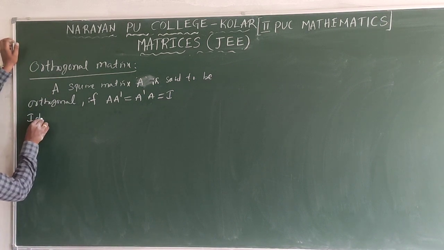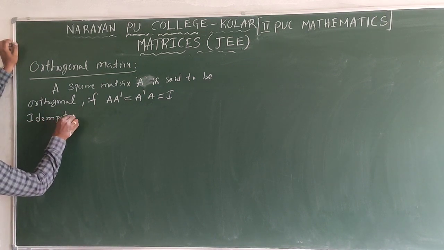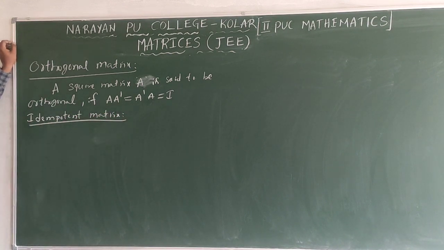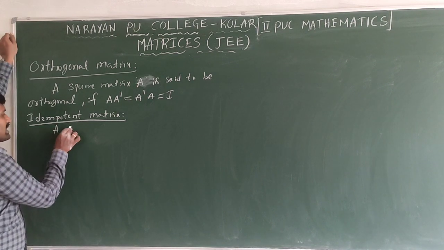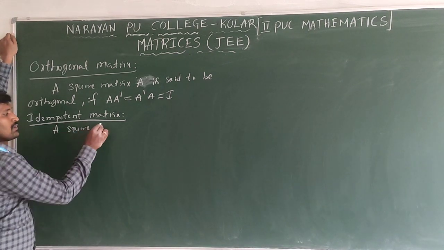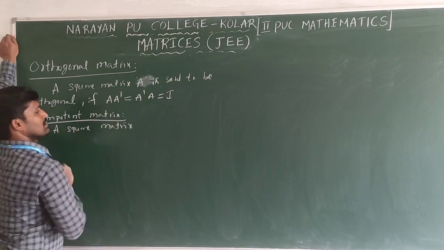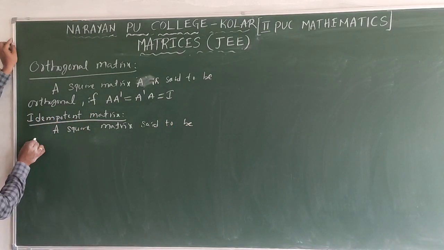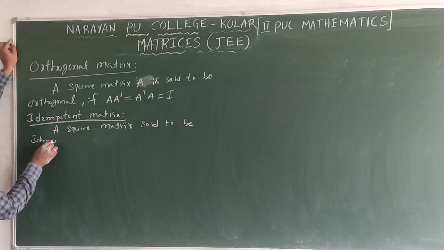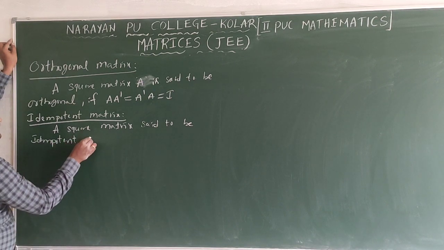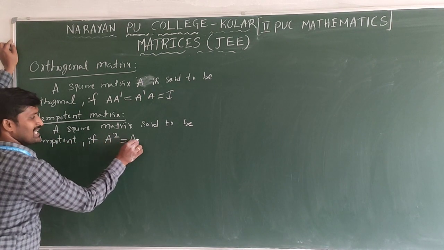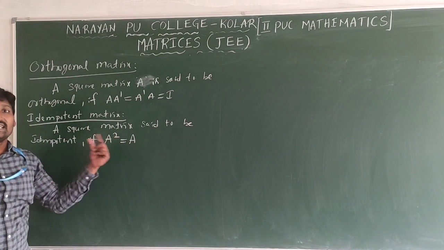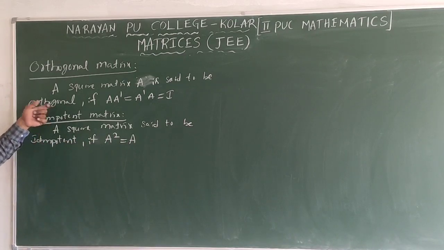Next, idempotent matrix. A square matrix is said to be idempotent if the condition is A square equals A. If the square of the matrix gives the A matrix again, then that matrix is called an idempotent matrix.